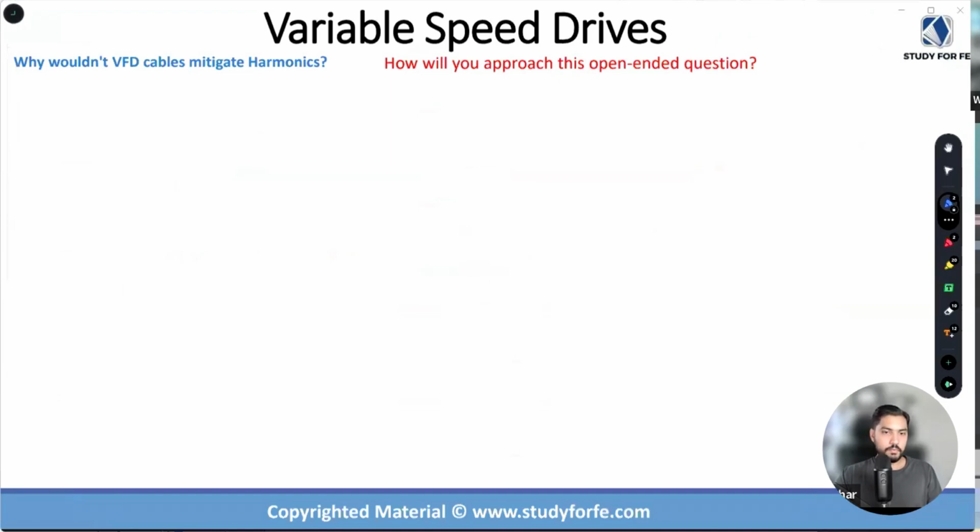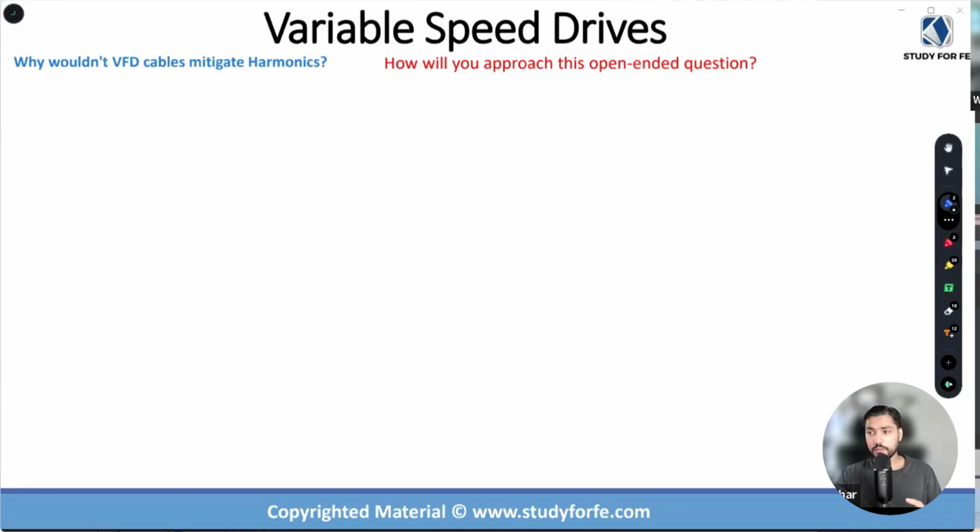Question number 2. Another very interesting question. This is something that we discussed in the coursework in power quality. But what I like about this question is how the student is actually connecting VFD cables to harmonic mitigation. And if you just look at the statement, why wouldn't VFD cables mitigate harmonics?